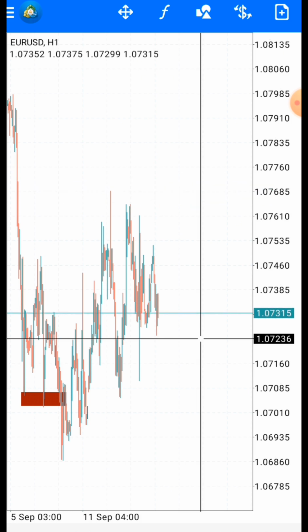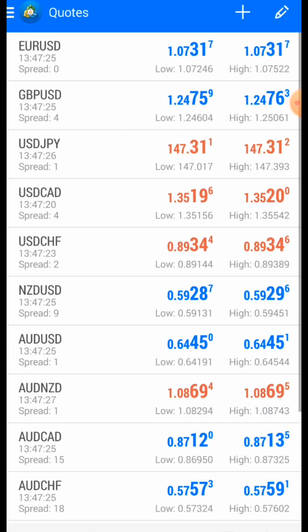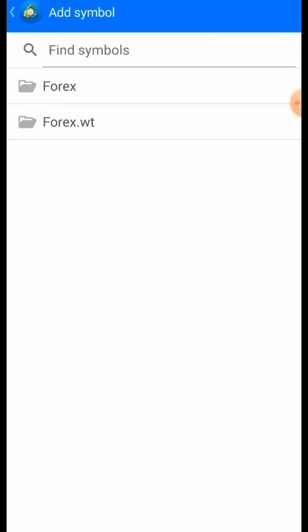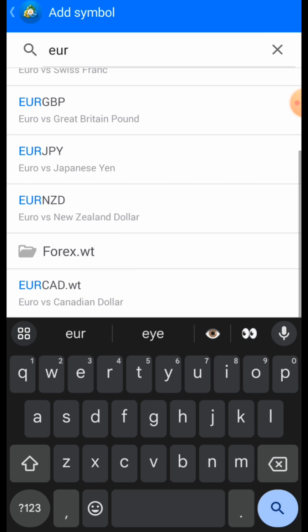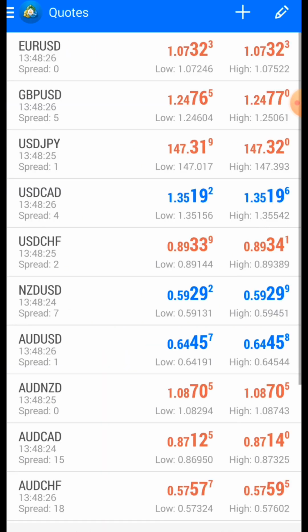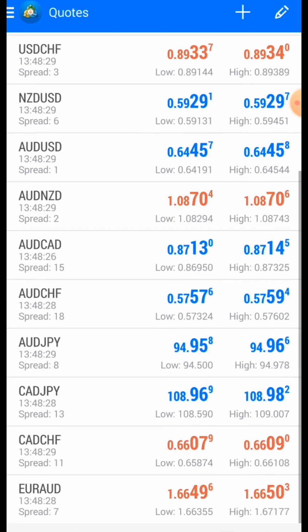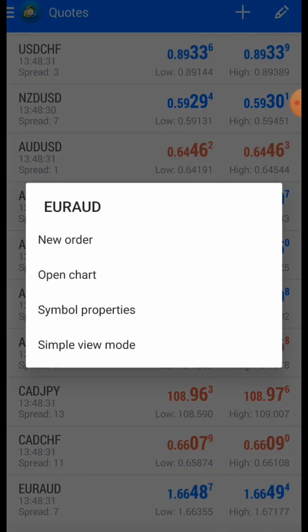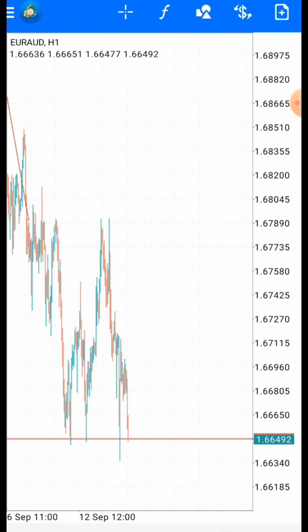Now let's look at other currencies. Let me go to the currency that I particularly like to trade, which is the Euro Australian dollar. I particularly like to trade this pair because I've seen that it's much more volatile than the others. Now that I've added it to my chart, I'll follow the same process. Number one, make sure it's 1 hour.